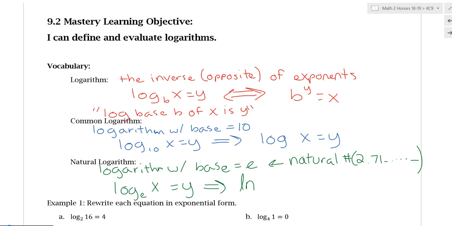So just like in Spanish and other languages, the order is different, so we put the other one first. That's why it's ln and not nl. But we say natural log because we speak English. Natural log of x equals y. So those are a few special logarithms that we might encounter.